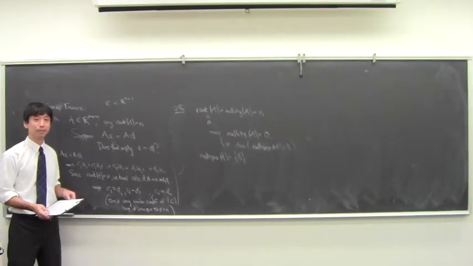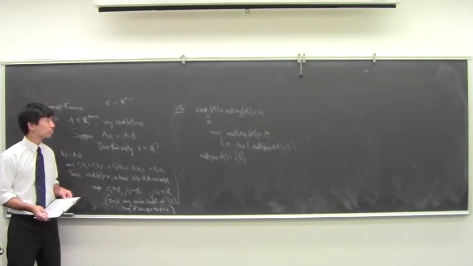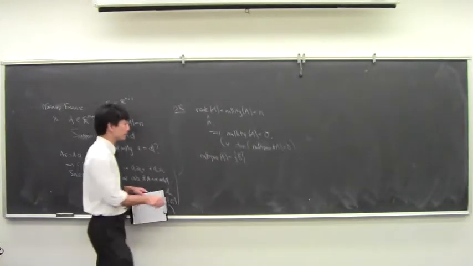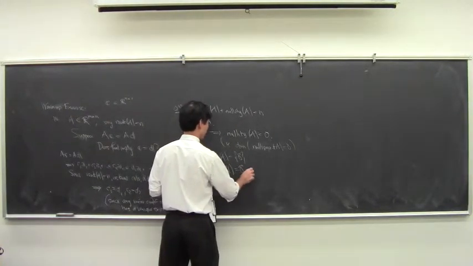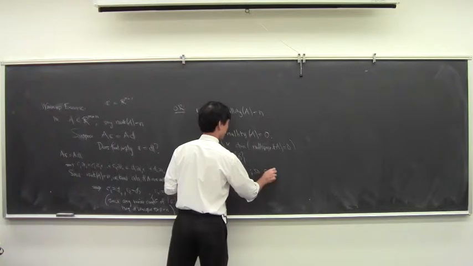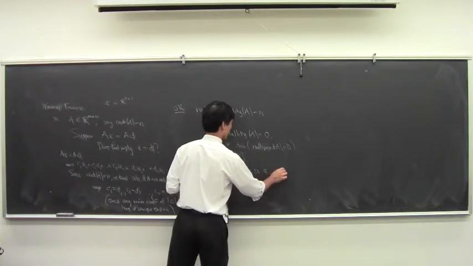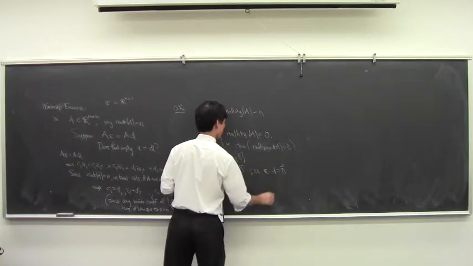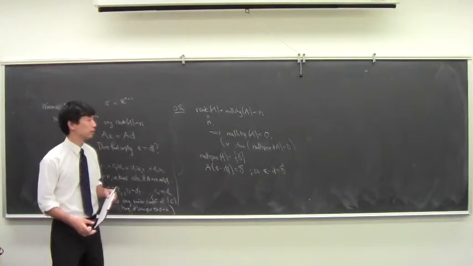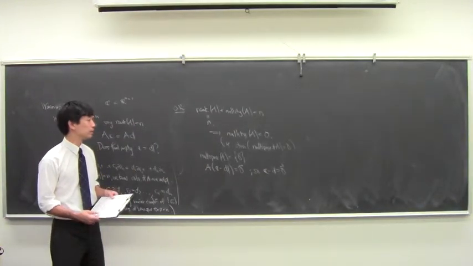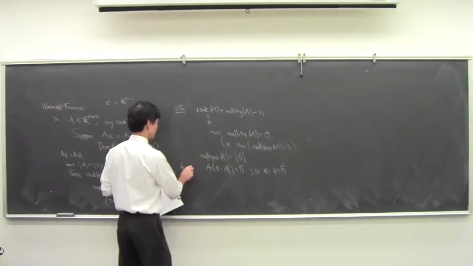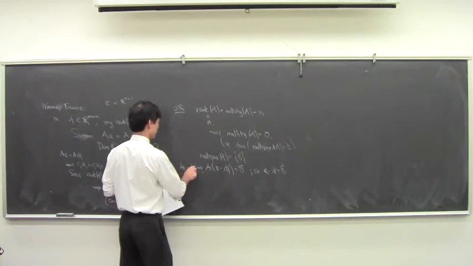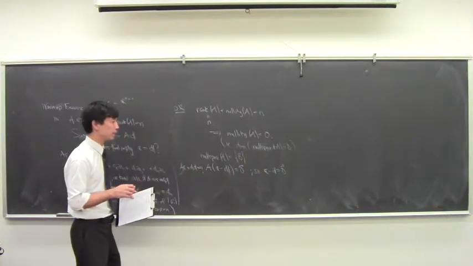So then suppose AC equals AD, so then AC minus AD equals 0. Factor out the A, and you know that C minus D has to equal 0. So then C has to equal D. We know that AC equals AD, so A times (C minus D) is 0.